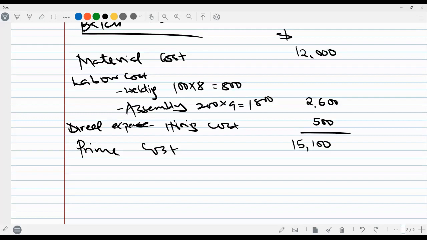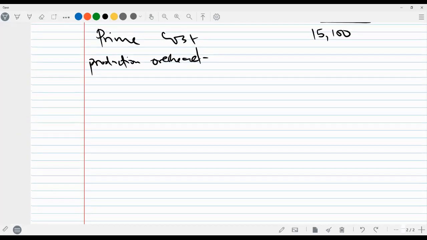Then you have production overhead cost, which the question tells us: the company manufactures model cars and has the following budget overhead for the next month, for welding and assembly. We can begin working on that.